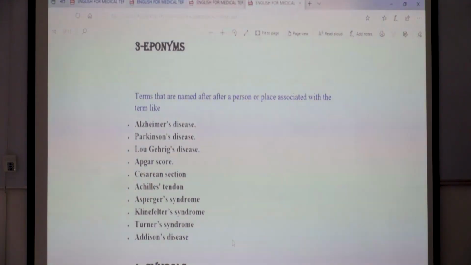Most of the syndromes now are named after the person who discovered or diagnosed that disease. So this is called eponymous, like Alzheimer, Parkinsonism, Lou Gehrig disease, Apgar score, and others.